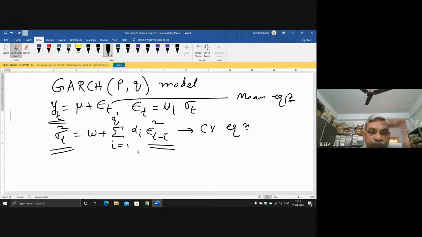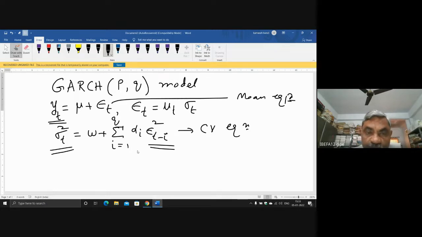Now, when you generalize this, suppose Q is very large, then you have unnecessary nuisance parameters. So Q should be chosen such that it is moderate. You must follow the principle of parsimony. When there are unnecessary nuisance parameters, it will not give you accurate inference.